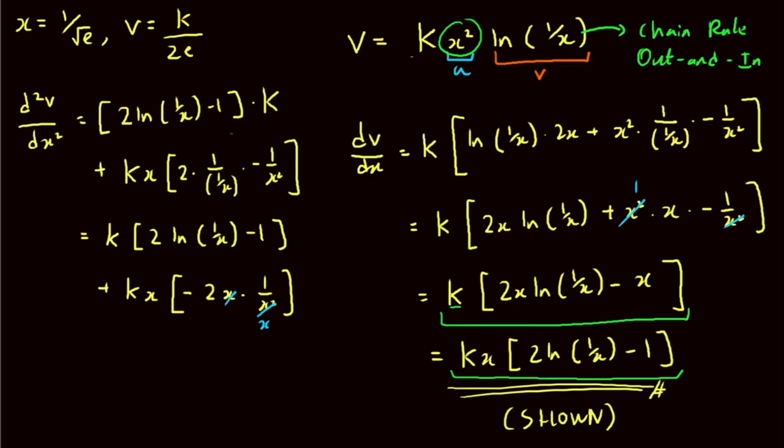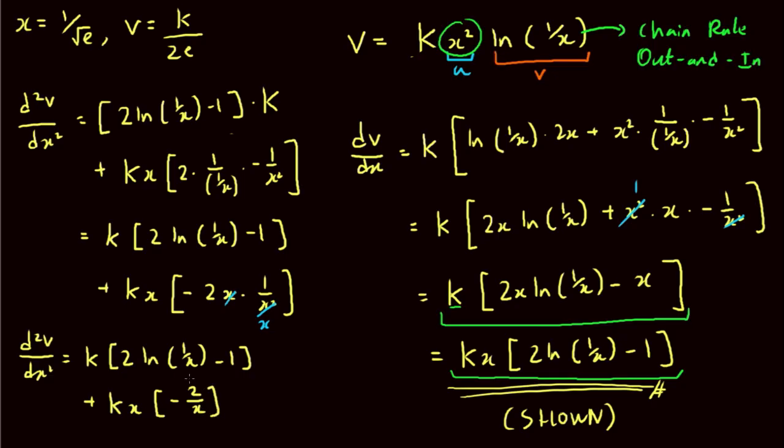So therefore d square v dx square is just k times 2 ln 1 over x minus 1, plus kx times negative 2 over x. I'll just leave it here at the moment, and I'm going to erase all these intermediate steps.